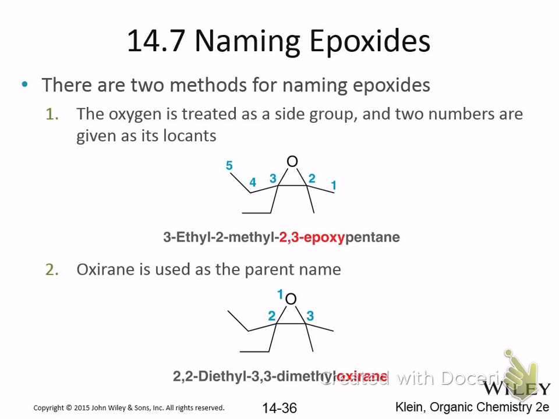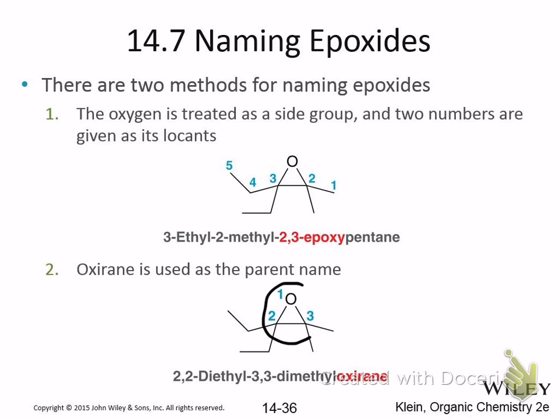Epoxides, you can name them 2 different ways. So you're going to learn both. An epoxide is a 3-membered ring with an oxygen as part of the 3-membered ring. So you can name it as an oxirane, and the oxirane is the 3-membered ring.